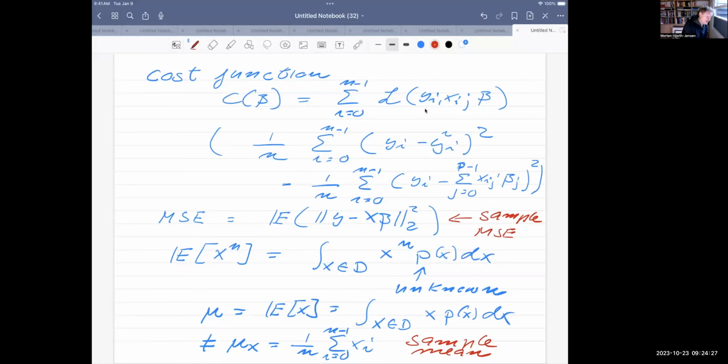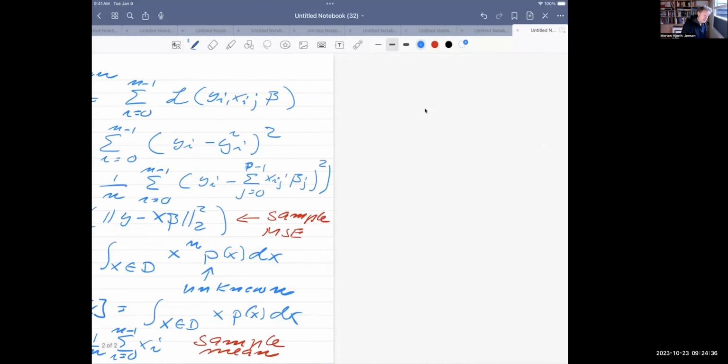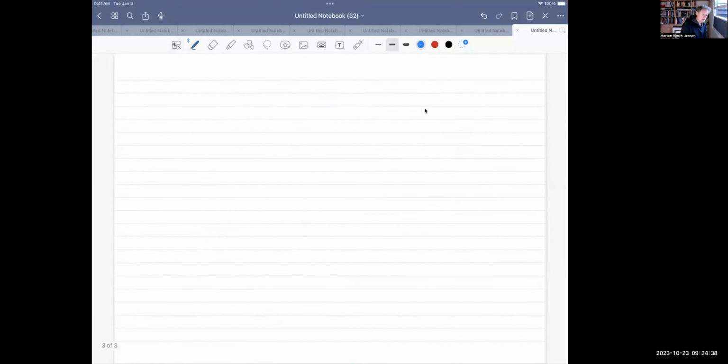Now, let's look at a case which illustrates what may happen when we deal with different mean squared errors and a set of data which we are training.